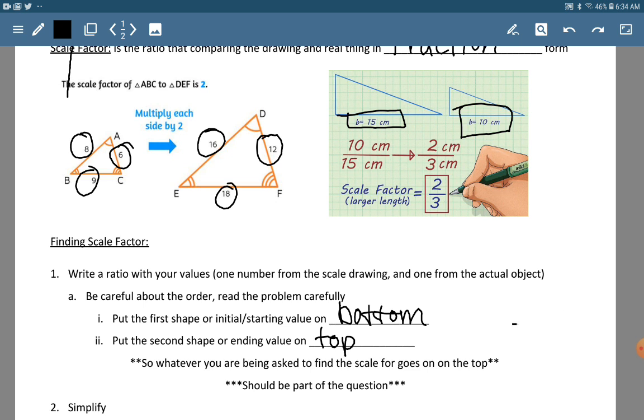That's why in this example, the first shape, the initial value, is on bottom, or 15, and the ending value, what we ended up with, is on top. That's how we got the scale factor of 2 to 3. Whatever you are being asked to find, the scale factor goes on top, and this should be part of the question. Okay, so let's go ahead and practice.